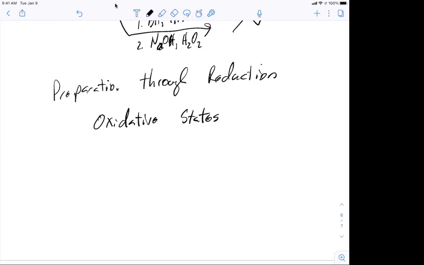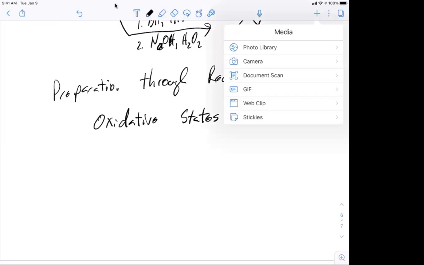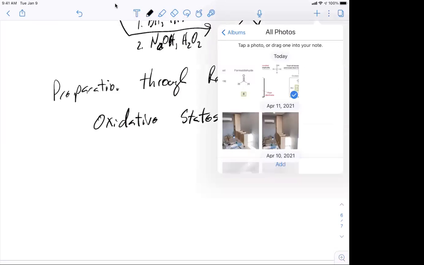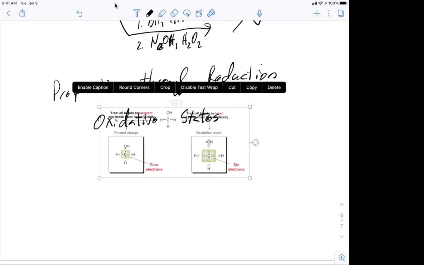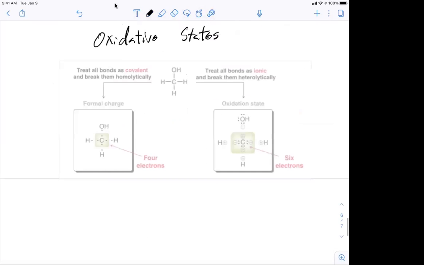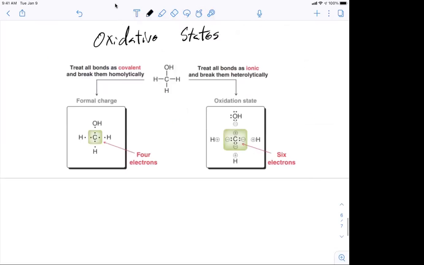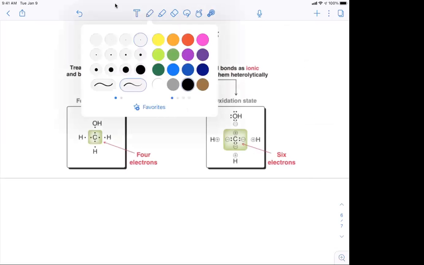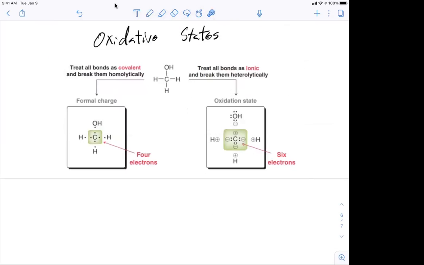So for this, the way to think about it is to consider whether we have a less electronegative atom or a more electronegative atom.